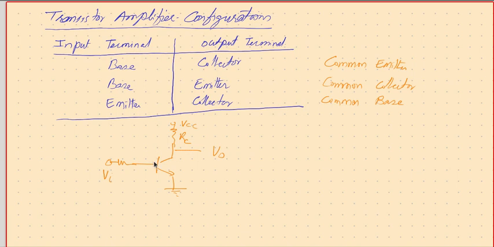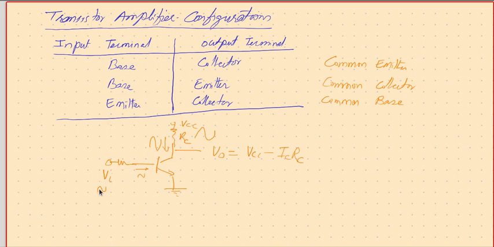Okay, now what is it? When you apply voltage, a small change in voltage here will create a small change in current here. A small change in current here will create a large change in current here, and a large change in current across this will create a large change in voltage across this resistor, and this VO is the constant voltage minus whatever we have across this, that is IC times RC.